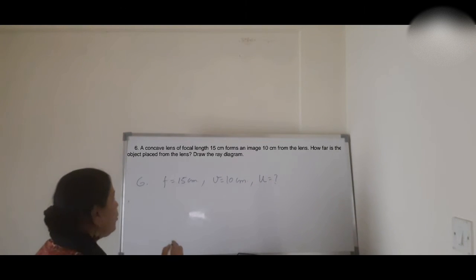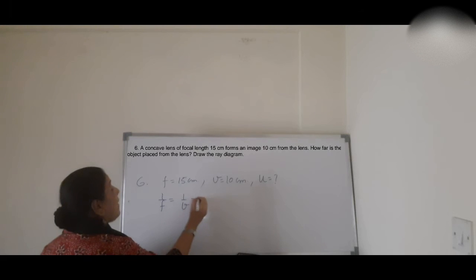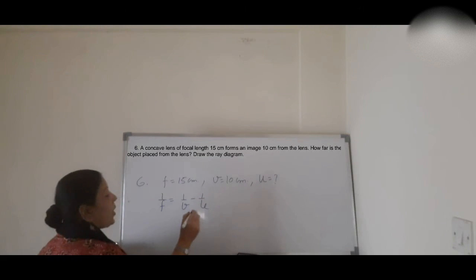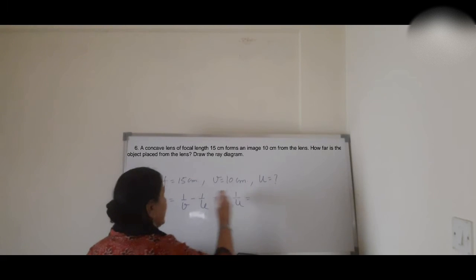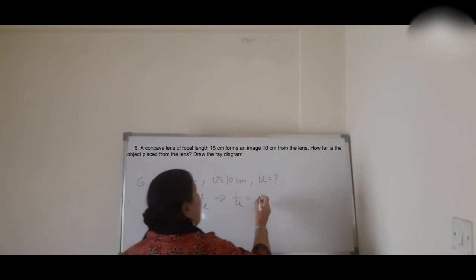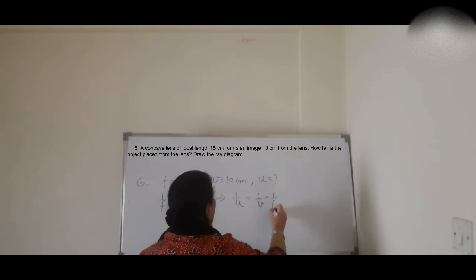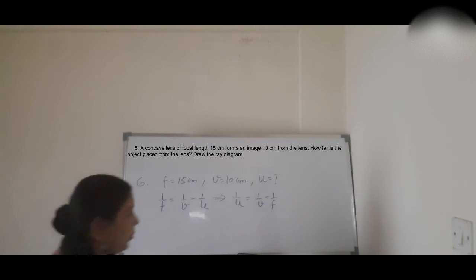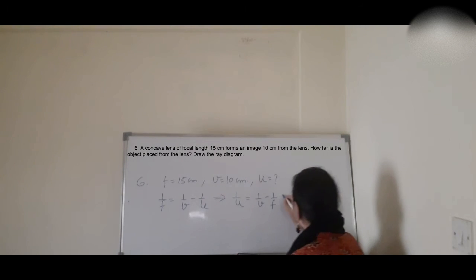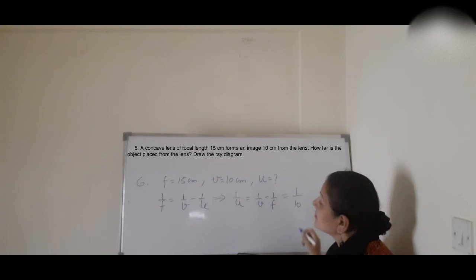Now you know the formula, 1 upon F is equal to 1 upon V minus 1 upon U. That implies 1 upon U is equal to 1 upon V minus 1 upon F. V is given as 10.